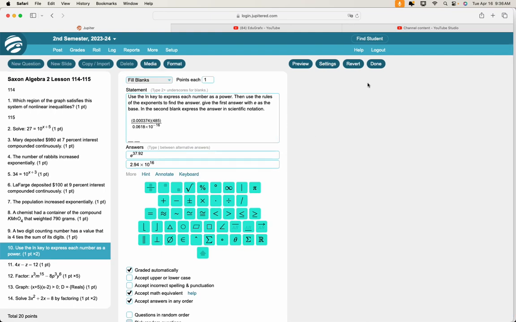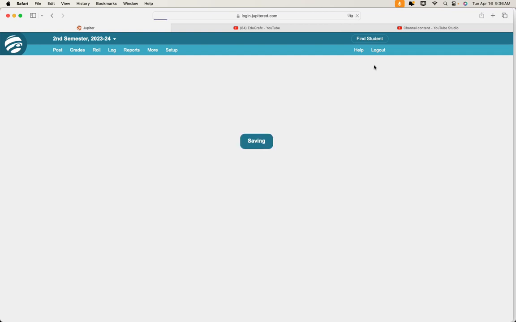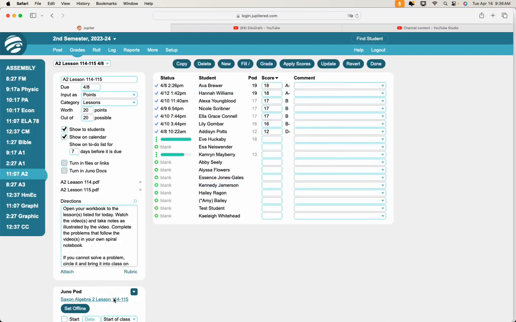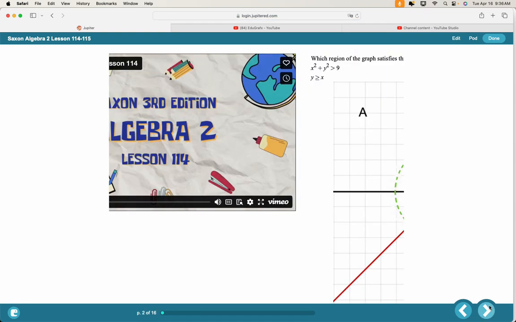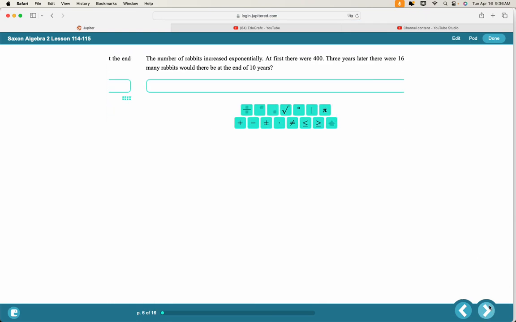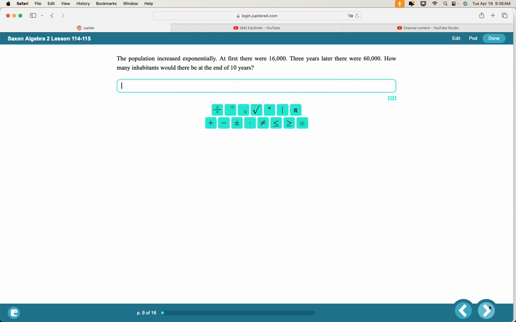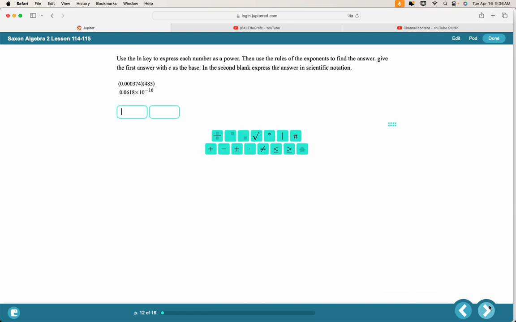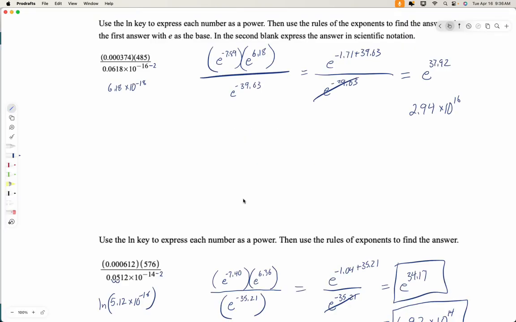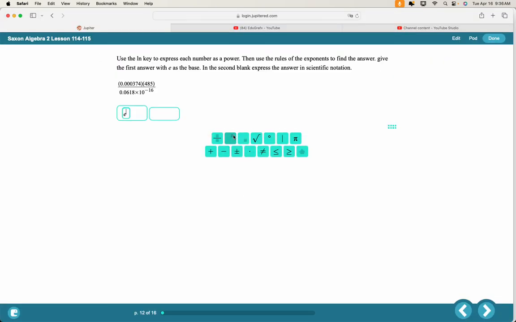All right, so let's click done. Now let's do it again. See all the fun times I have making sure stuff works for you guys. Jupiter's just weird. All right, we know this one works, 37.92.